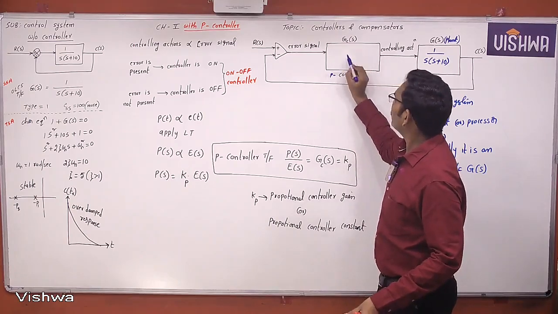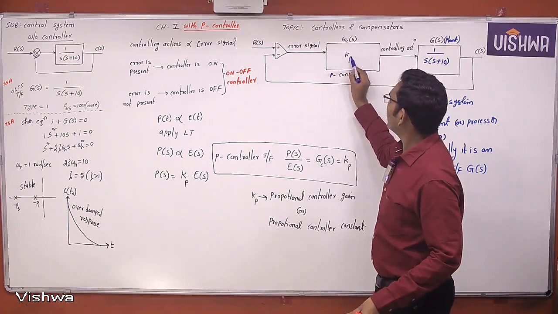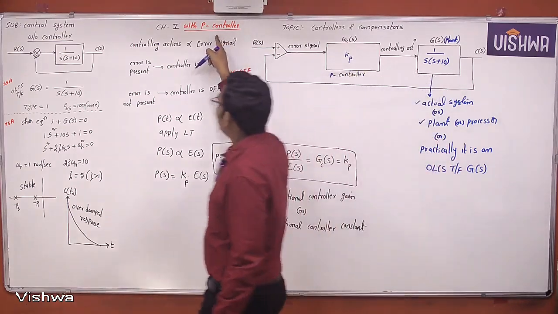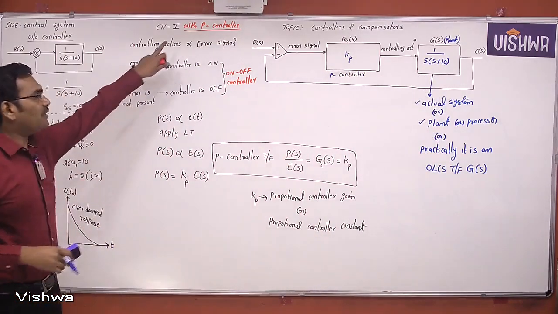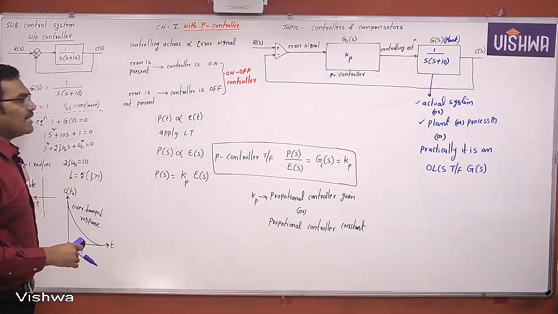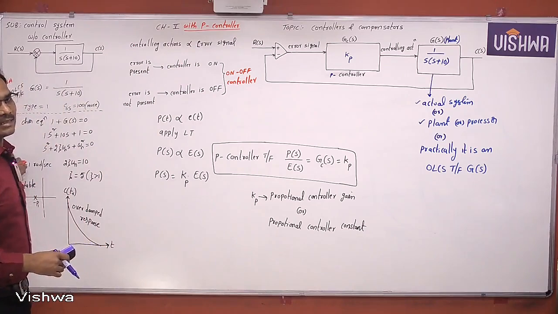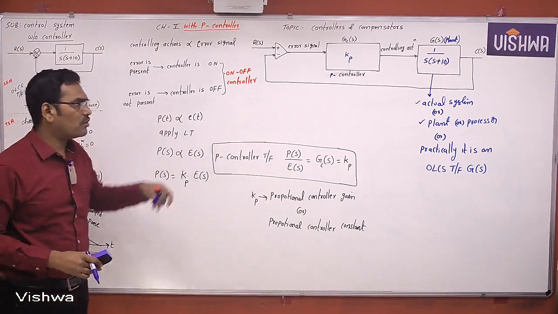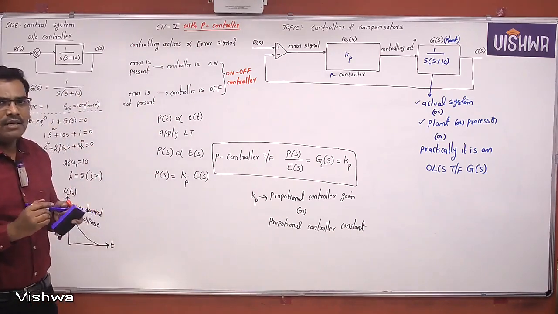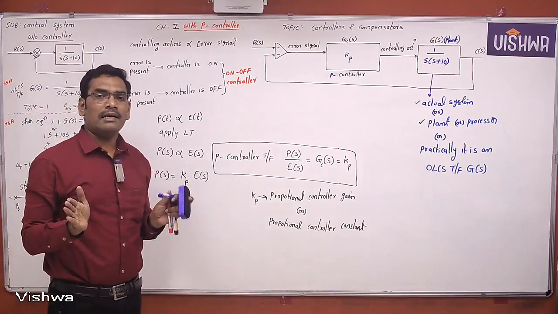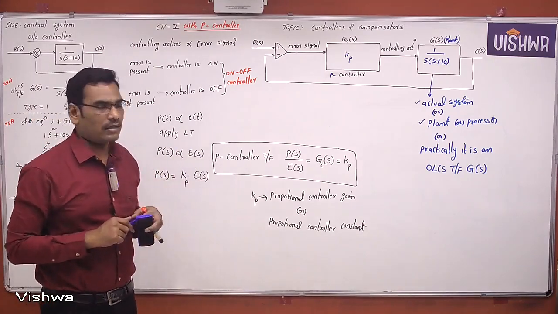The P controller will produce a gain of Kp. First we will see without controller, next we will see with controller. Okay, note down.